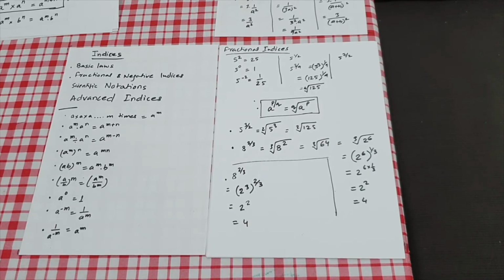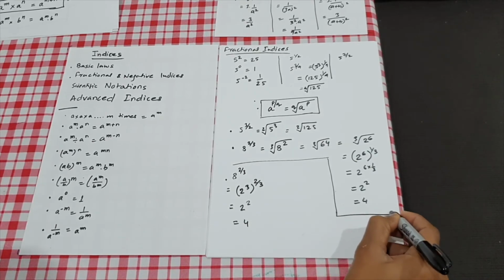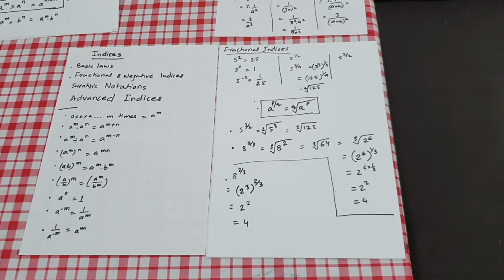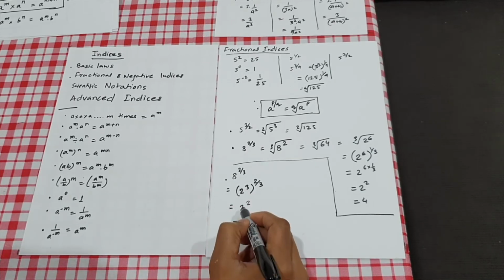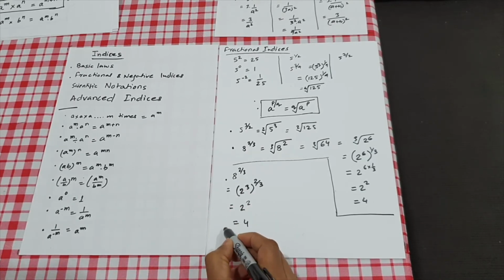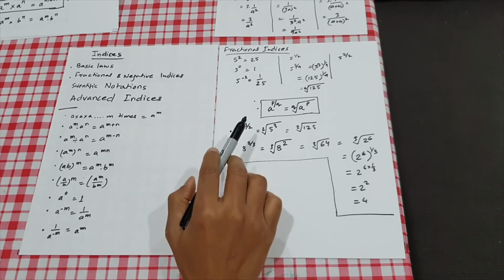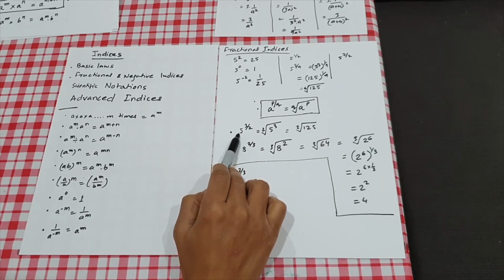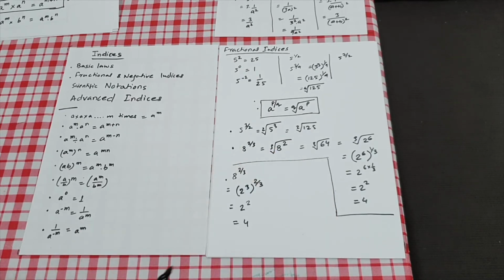This is an alternative way of getting to the same answer. What we have done essentially is we have been able to factorize it. The advantage of this question was we were able to factorize it. In the earlier case, we were not able to factorize it, and hence we had to leave it that way. Okay. So this is an example of a fractional index.